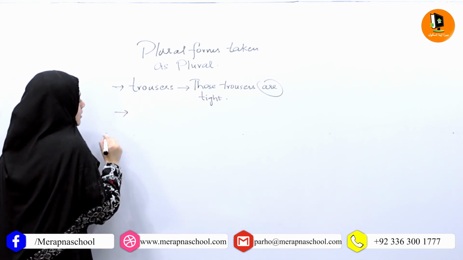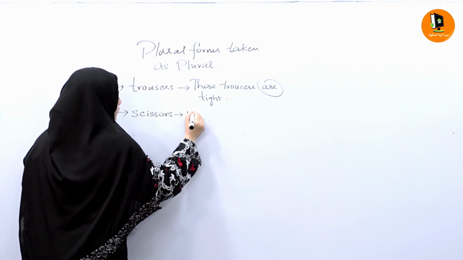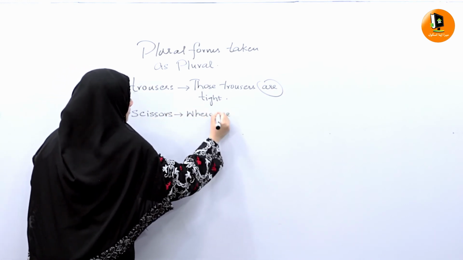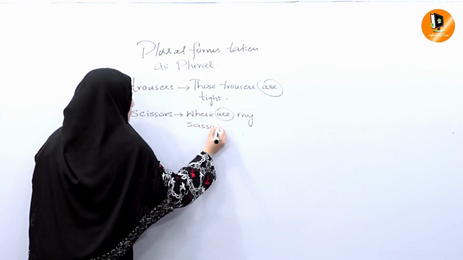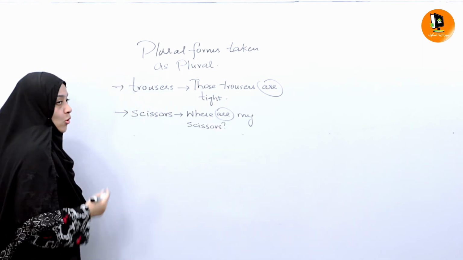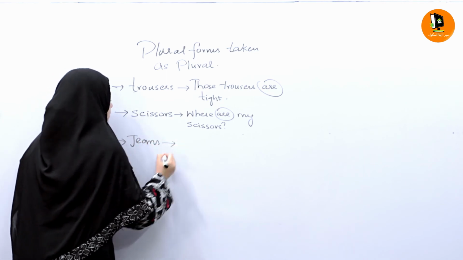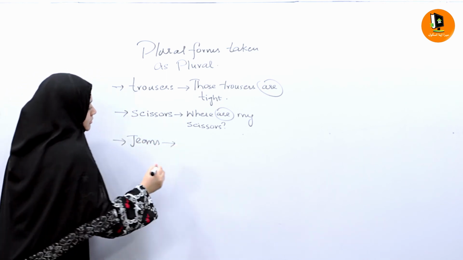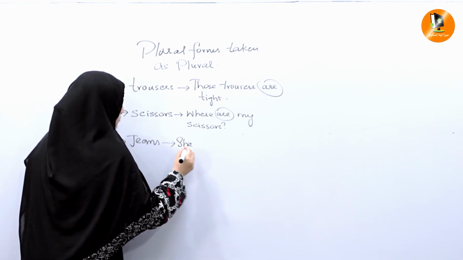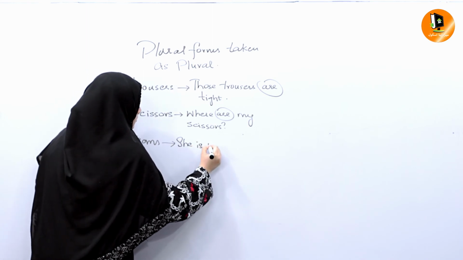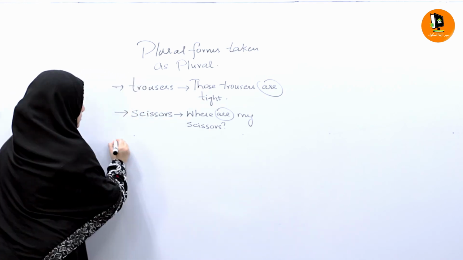Let's see another example of scissors. Where are my scissors? Or jeans, clothing brand. She is wearing jeans.